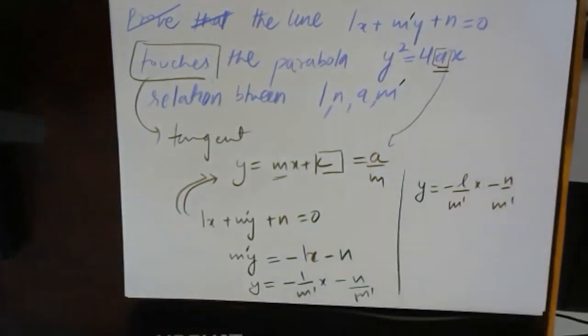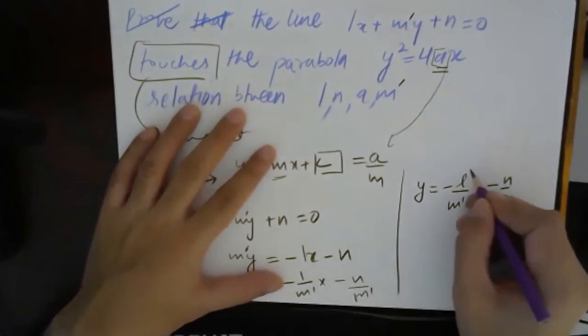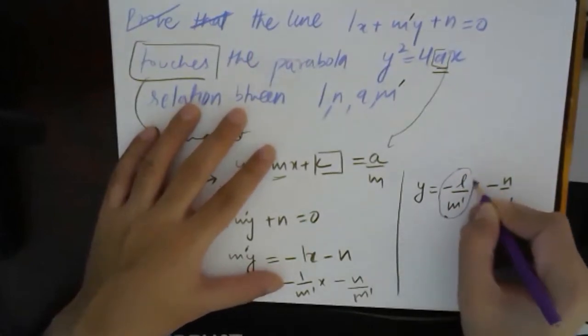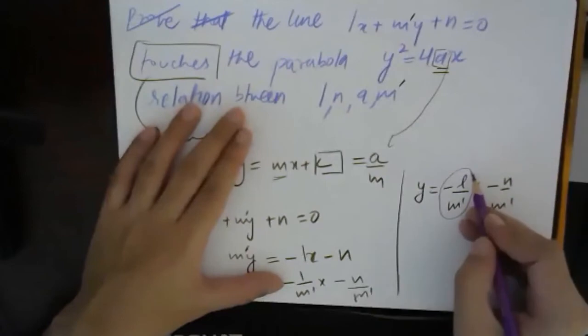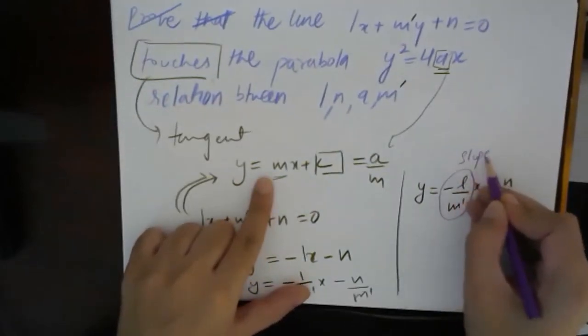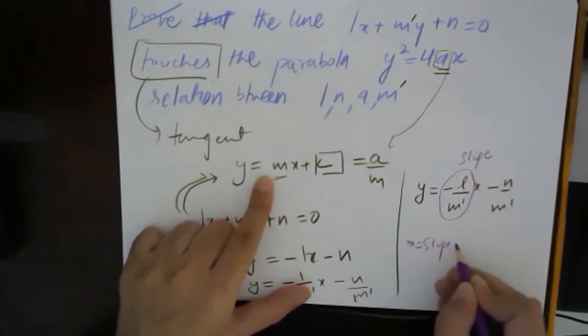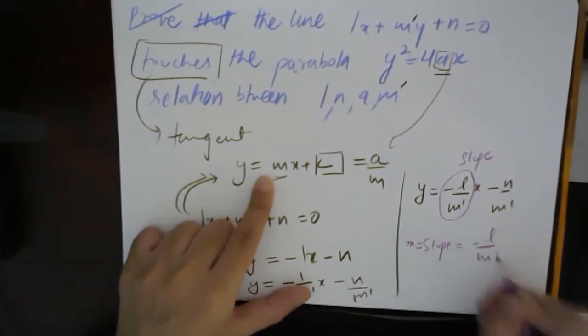This is fine. Everybody understood? Now see what happens. If I compare this with this line, this is the slope. So the value of slope m is minus L by m dash.